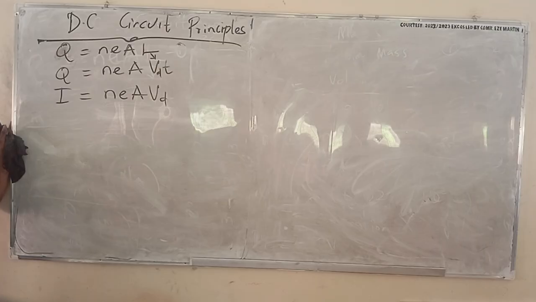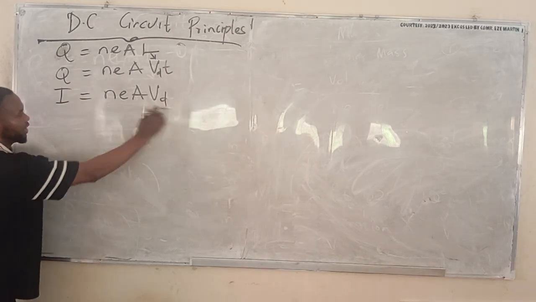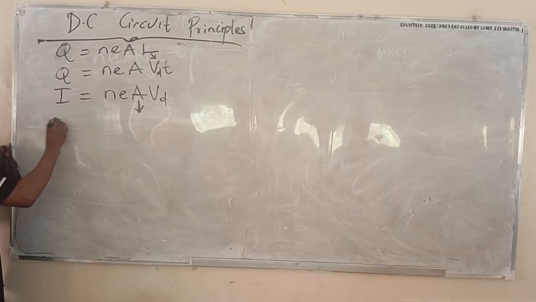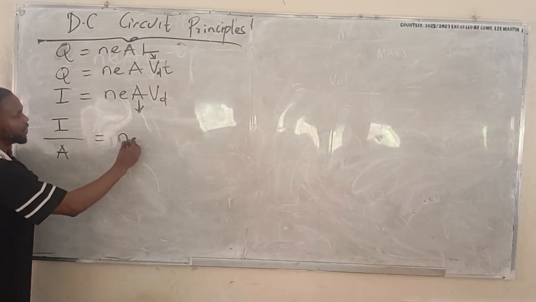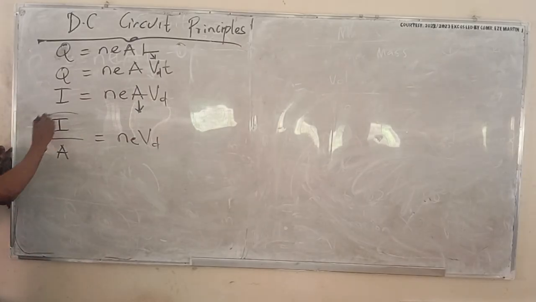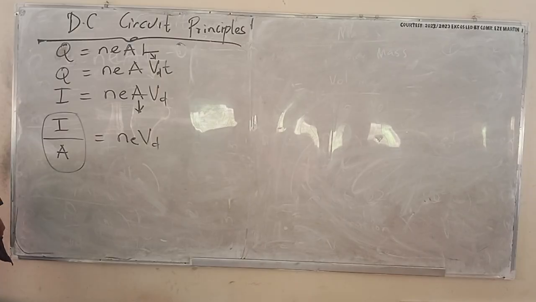Whenever length is the concentration, it will not be over the length as density. So in this case, the only thing representing surface here is area. So if I bring out that area, 1 over A, it will be equal to NEVD. So everything here is what we call current density.